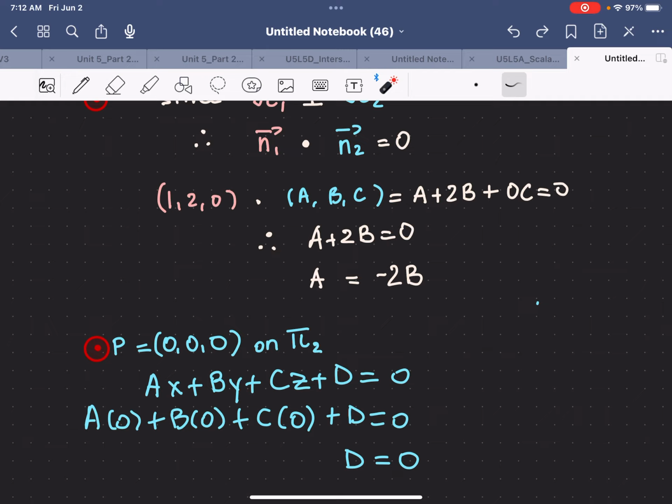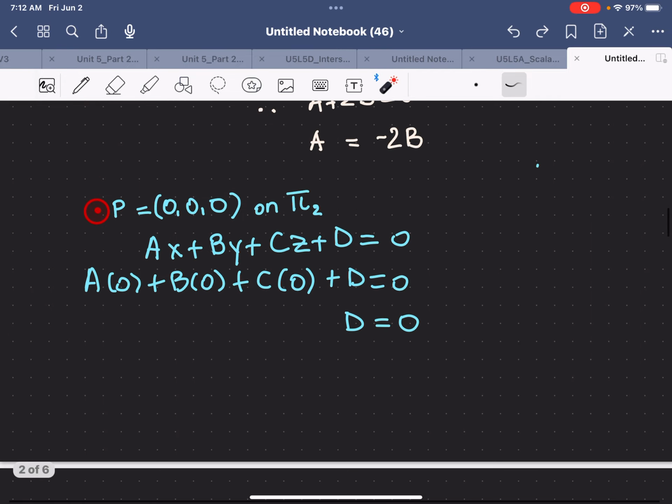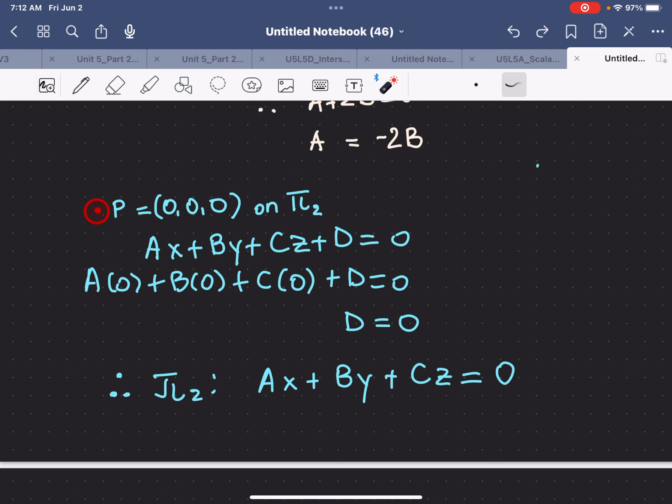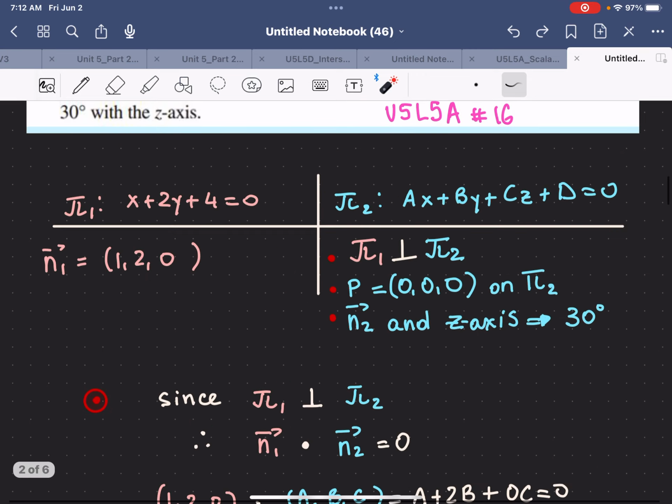So with this, we have added more light to the equation of the second plane, and we're going to say that plane pi 2 is in the form ax plus by plus cz equals 0. Again, we have exhausted the ways in which we can use the information that point P is on pi 2.